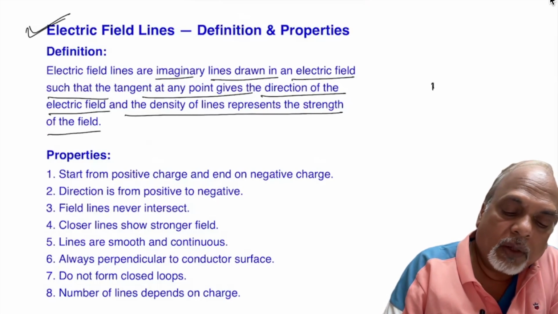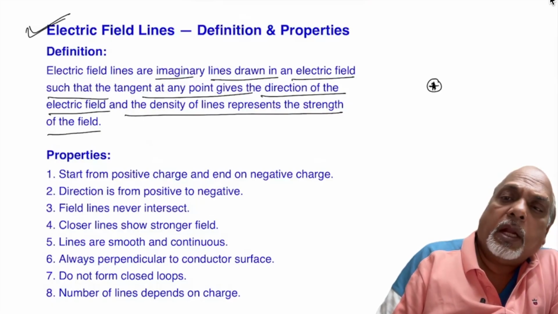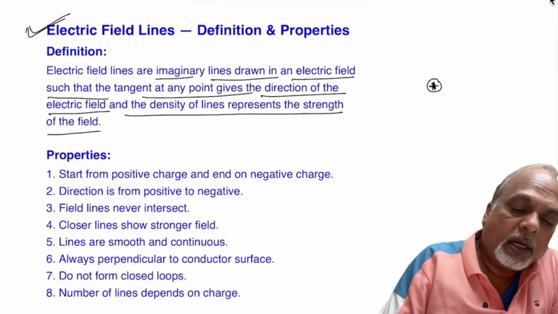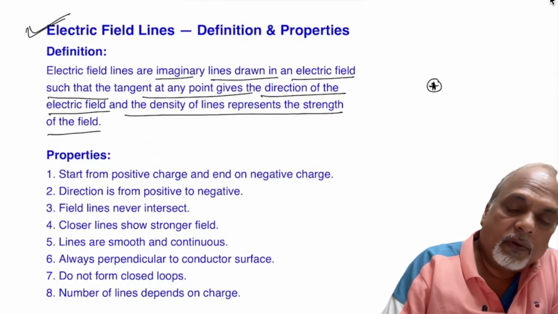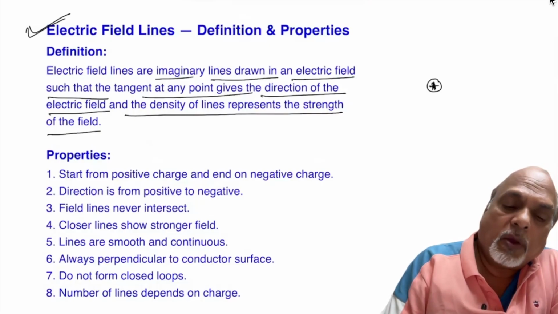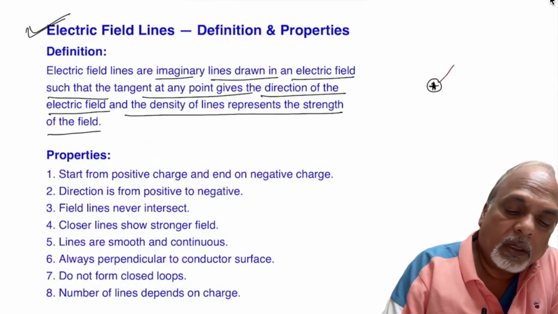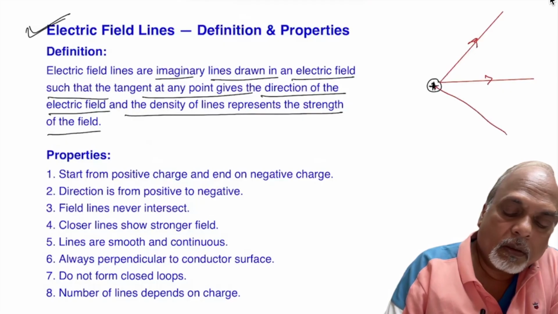So if there is a positive charge, then how will the electric field lines be? In case of a positive charge, the lines are directed away from the charge in all directions.